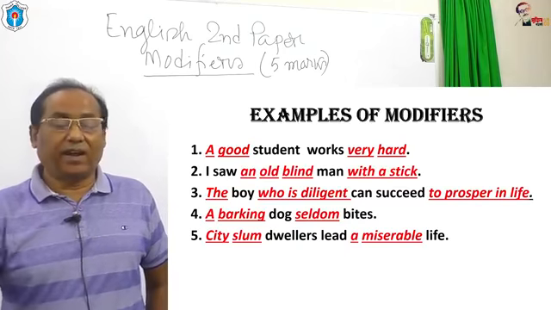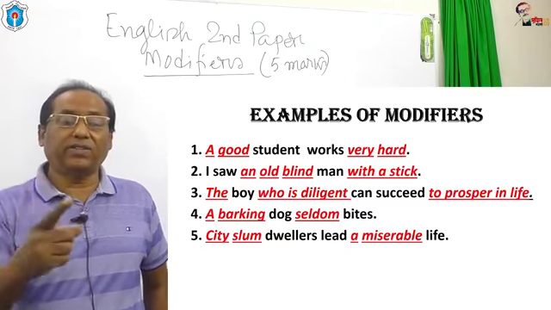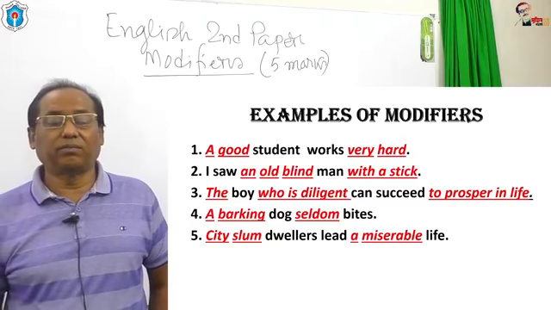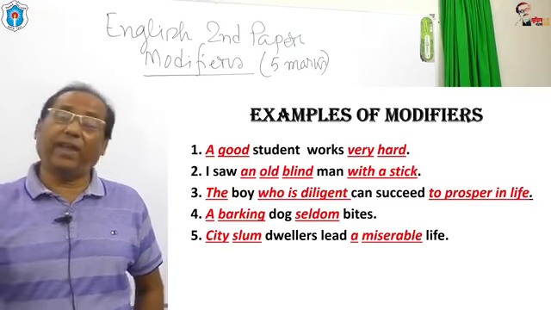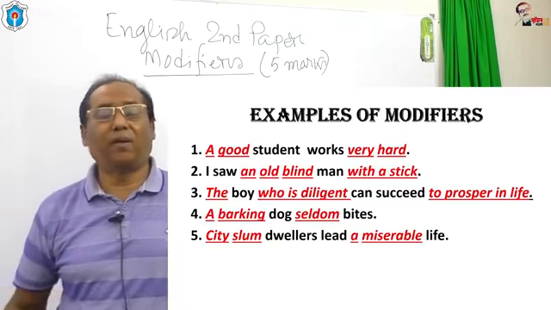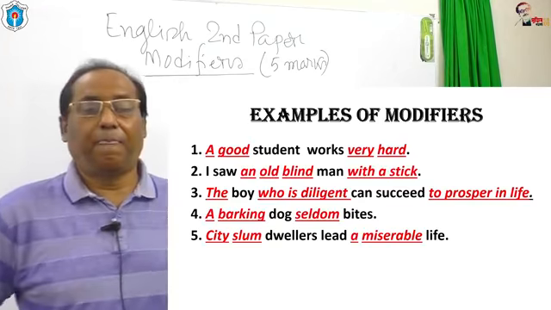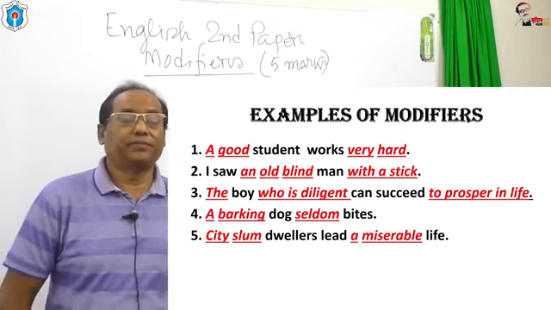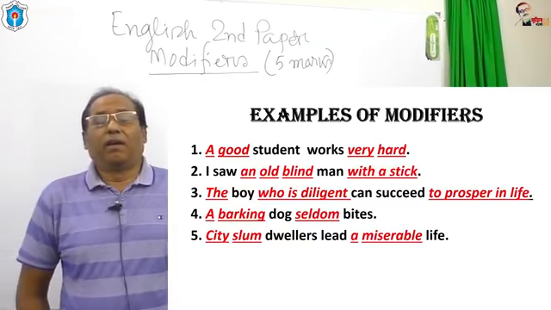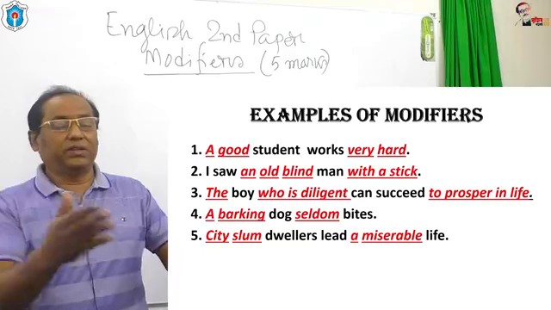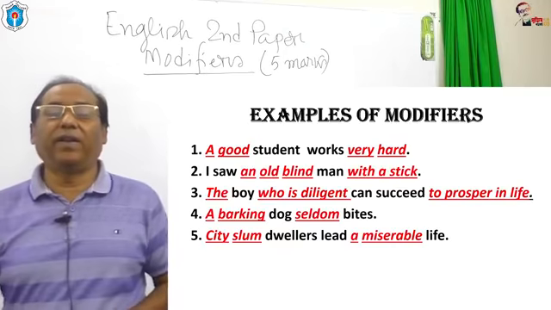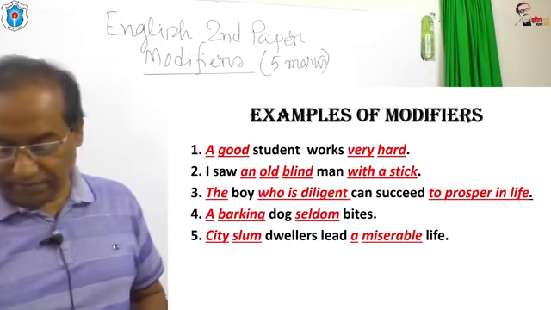Class is a noun, English is another noun. English modifies the class. So English is also a modifier. My dear students, I think that you can understand all these simple examples regarding modifiers.